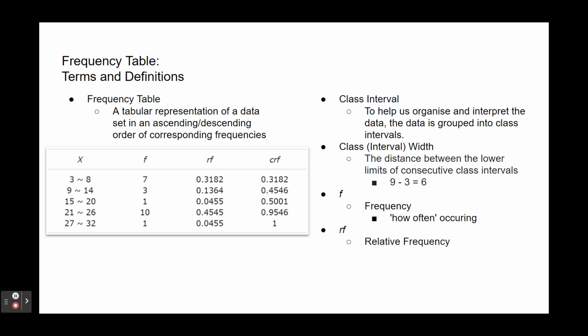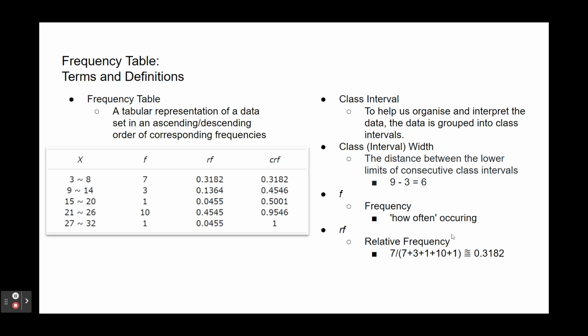RF is relative frequency. To get the relative frequency, I strongly recommend you calculate the total frequency first. The sum of each category frequency becomes the total frequency, and then each category frequency divided by that total frequency becomes the relative frequency.